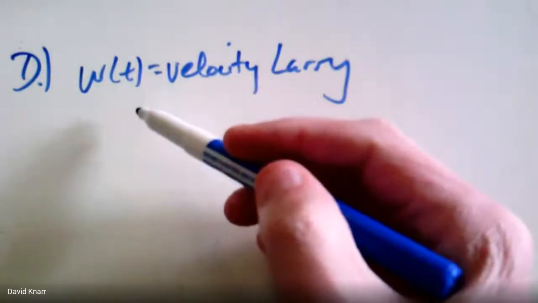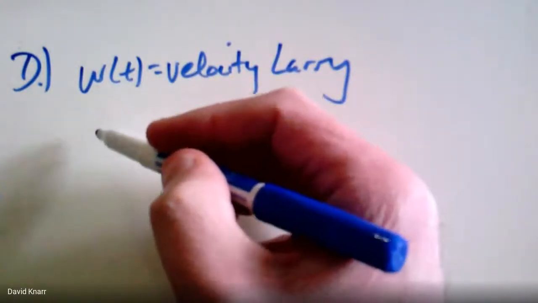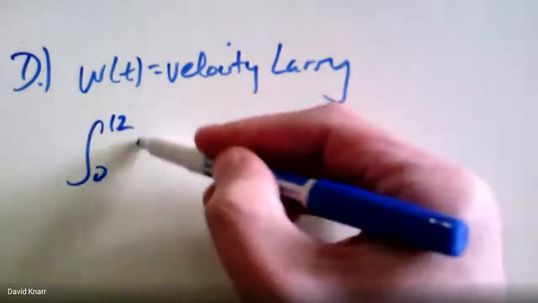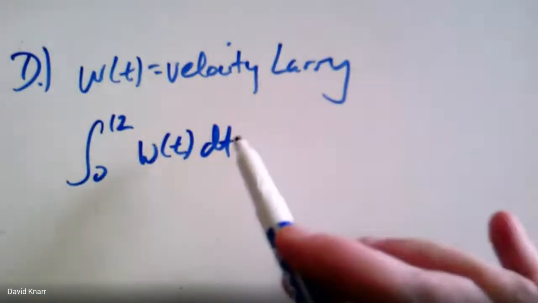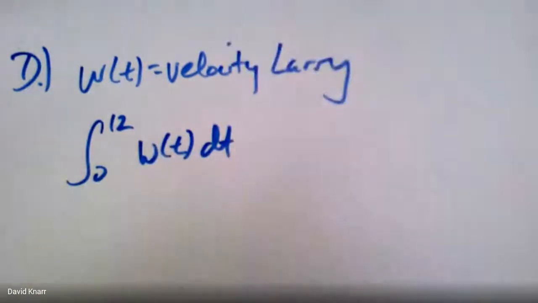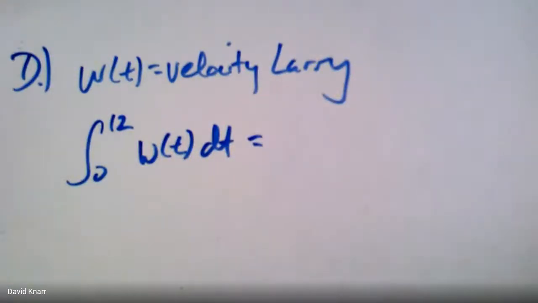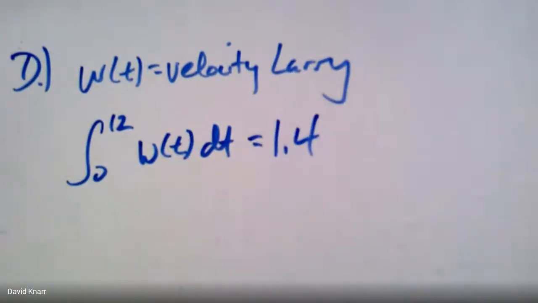So it takes him 12 minutes to get there. To figure out how far Larry lives from school, you could integrate from 0 to 12 W of t dt, right? You give him the rate, you integrate, you get the total distance he has to go. If you do that properly, you come up with 1.4.